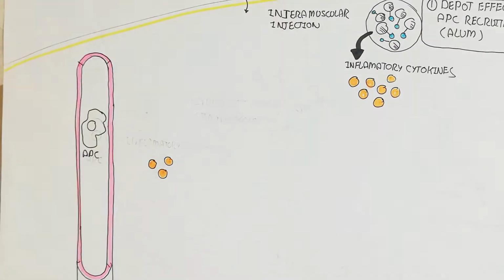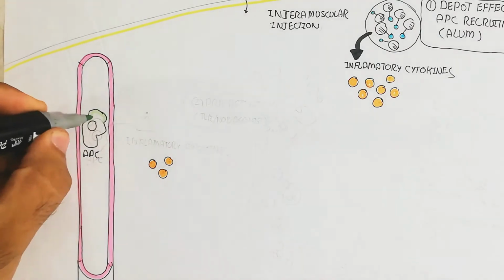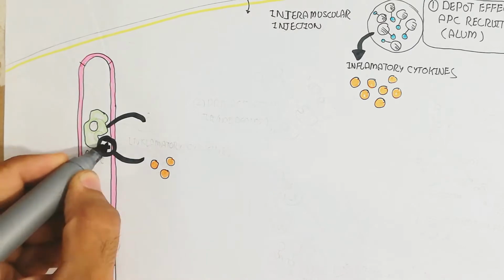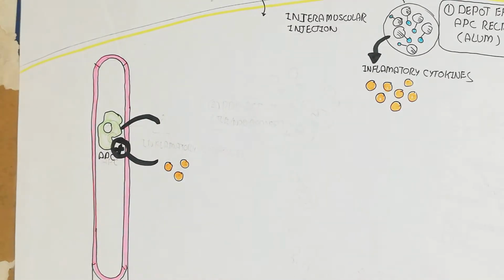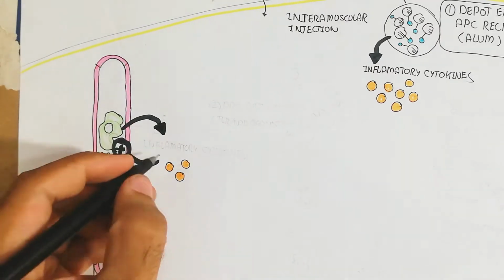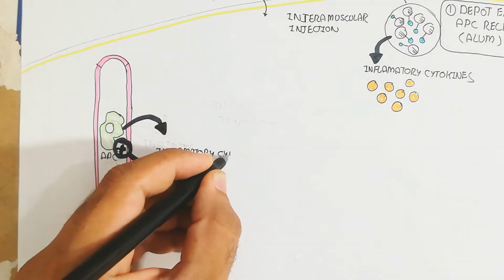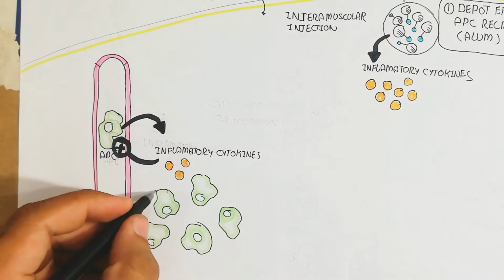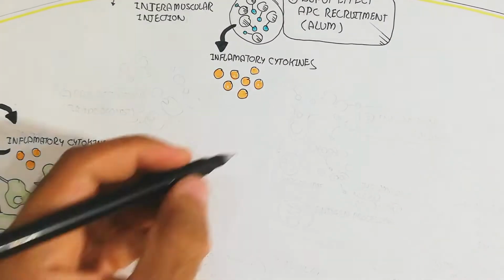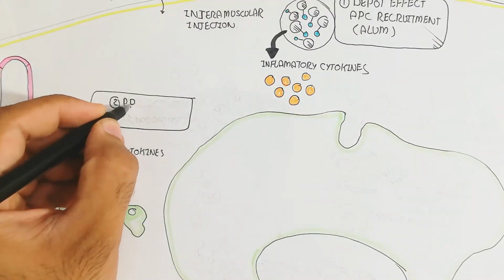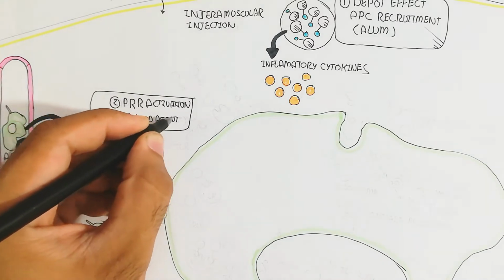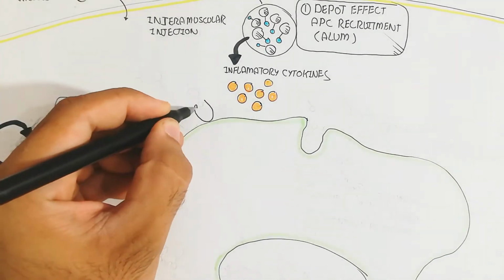Here I am drawing the blood circulatory system containing antigen presenting cells, which are recruited through inflammatory cytokines like interleukin, and in this way they proliferate and move toward the infection site or inflammation site, because inflammatory cytokines are produced from the injection site where the depot effect occurs.